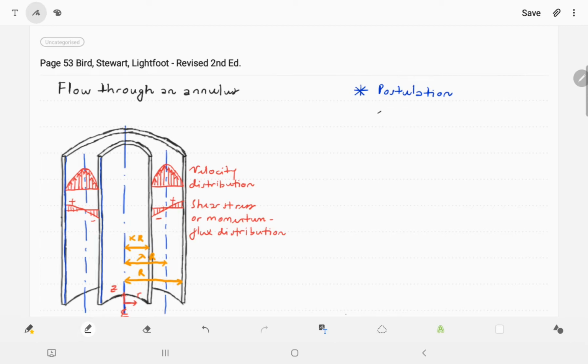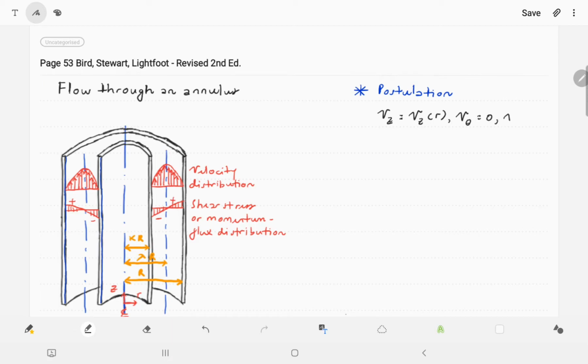The postulation is pretty much the same as the previous postulation in that there is a velocity in the direction of z, and this velocity is a function of radius, and then there is no velocity in the angular direction.